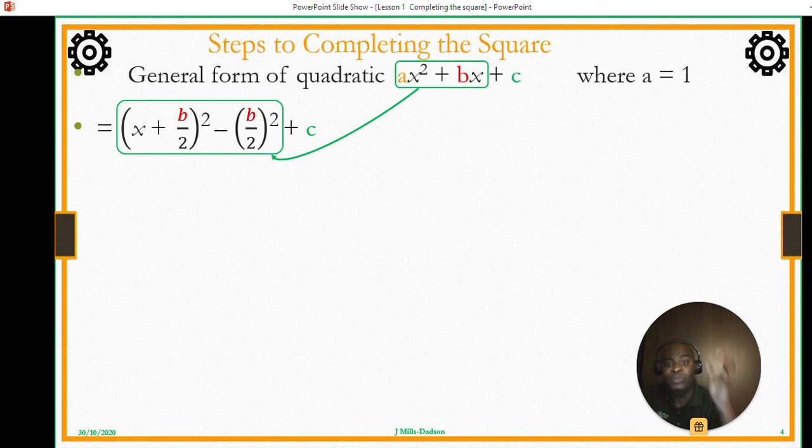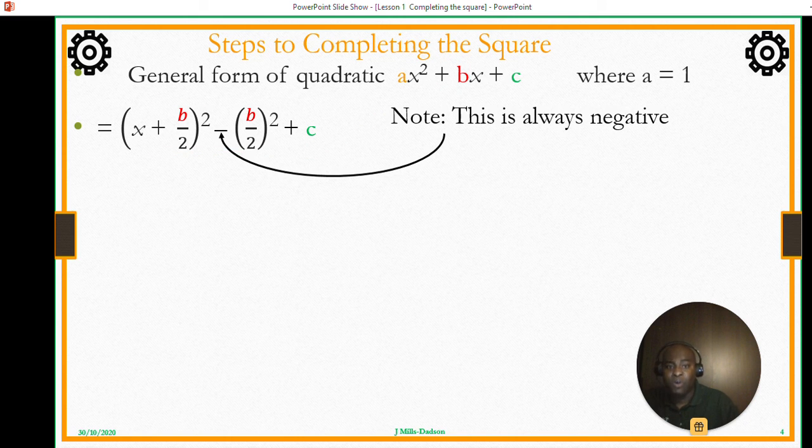So this is in 2 parts. This is the dimension of the square, and this is the units of smaller squares that we need to use to fill in the gap or that will be missing. So let's see what happens with a typical example. First, you need to understand signs are very important in completing the square.